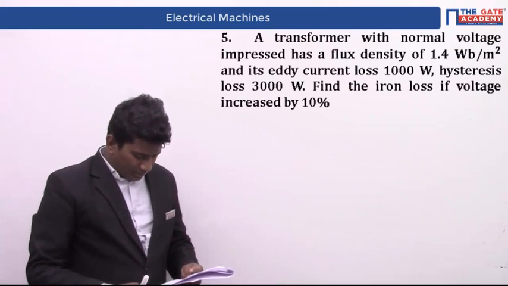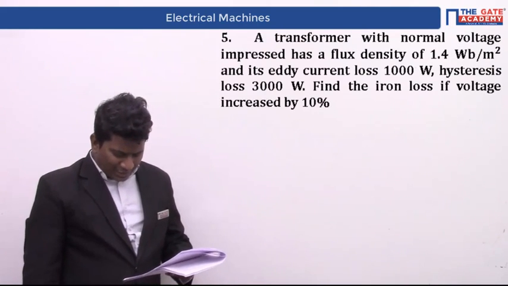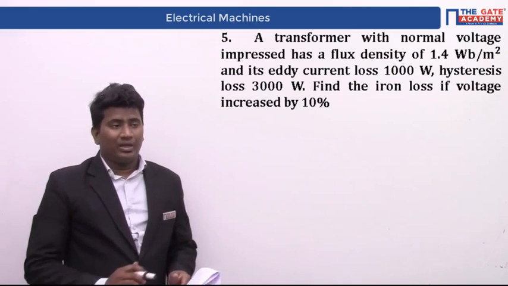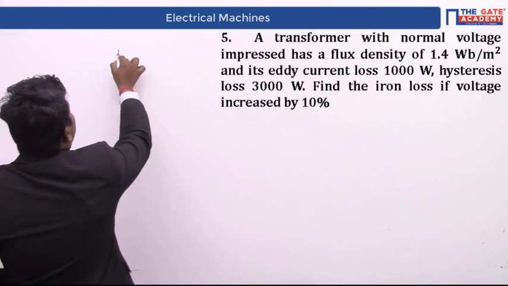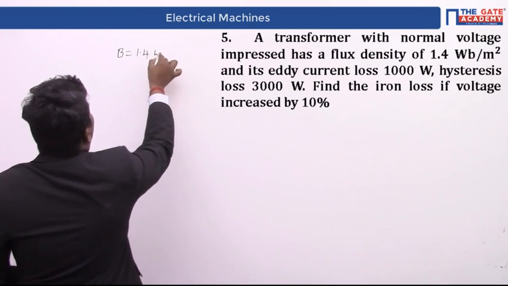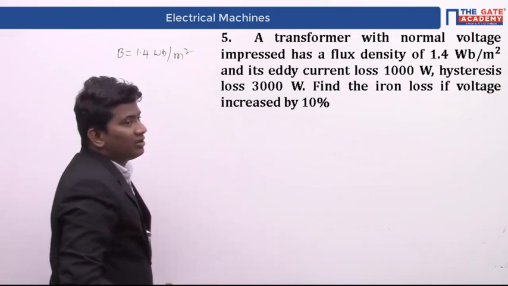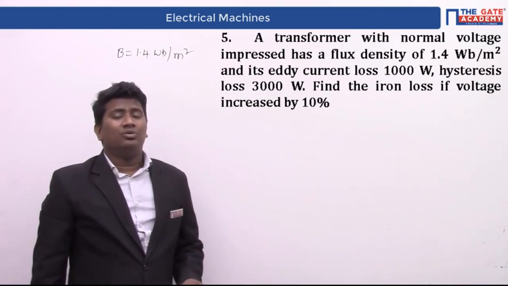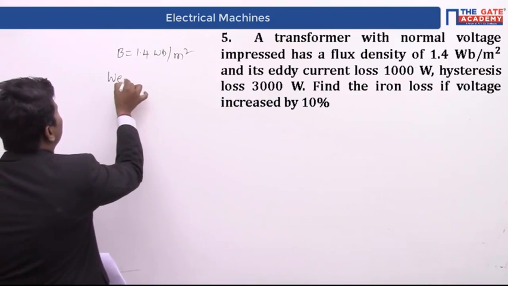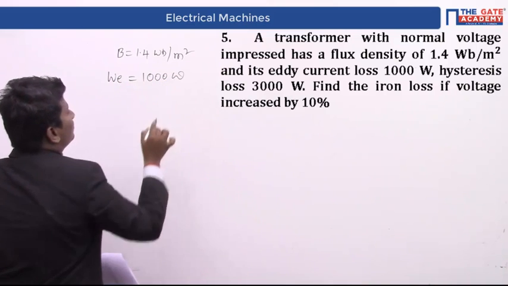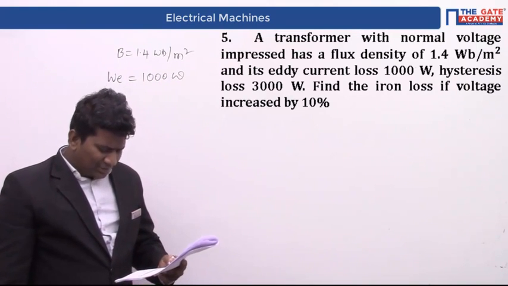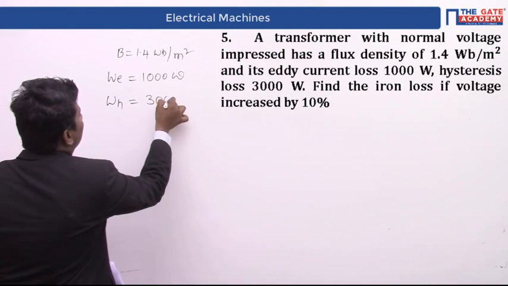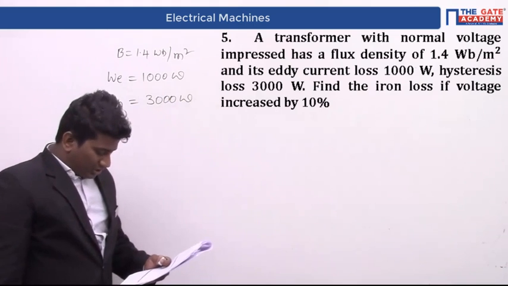Take this question. A transformer with normal voltage impressed has a flux density of 1.4 Webers per meter square. Its eddy current loss is 1000 watts, and its hysteresis loss is 3000 watts.